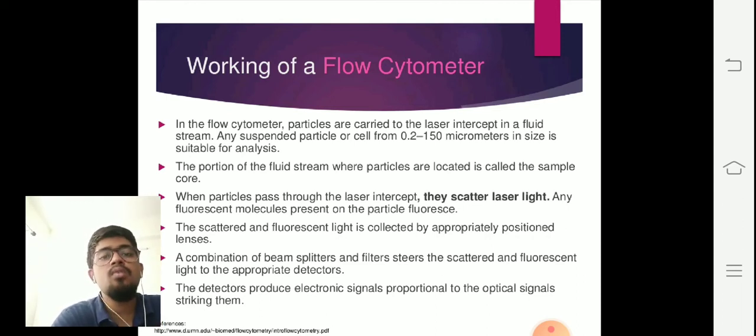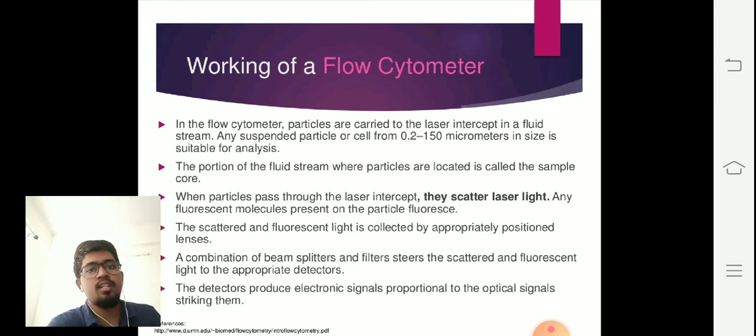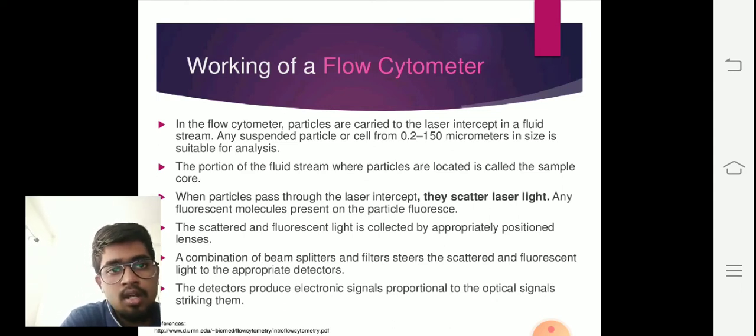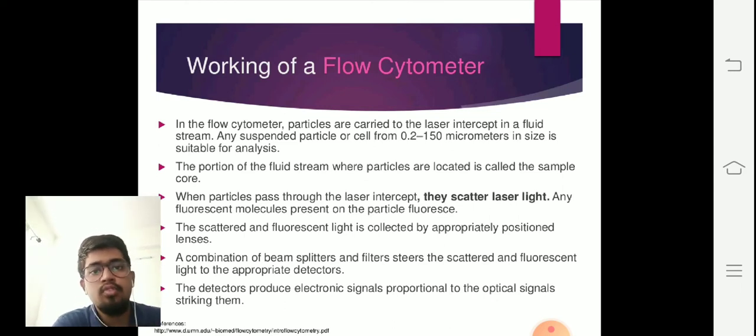So this is how systematically the flow cytometer works. The particles are suspended in the fluid stream and carried to the laser intercept, with the portion of the fluid stream where the particles are located being the sample core. The particles pass through the laser intercept and scatter the laser light, and any fluorescent molecules present on the particle fluoresce.